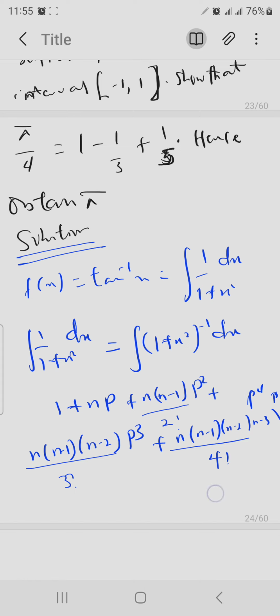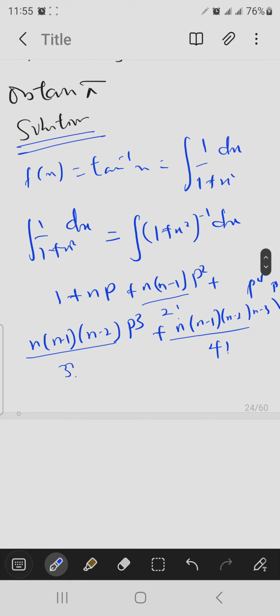So now here, we have the integral of (1 plus x squared) raised to the power minus 1 dx. Originally I have 1 from the start, so this will be 1 plus np. What is my n? What is my p?